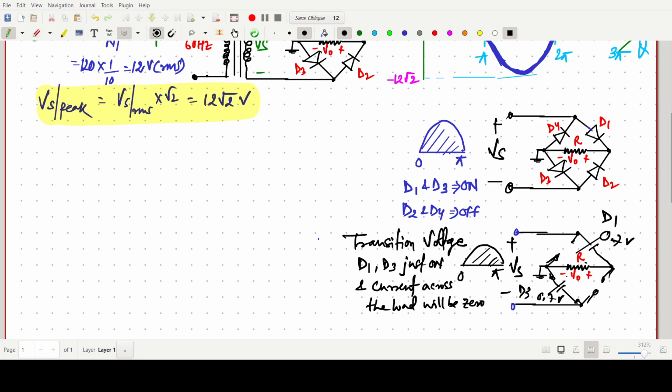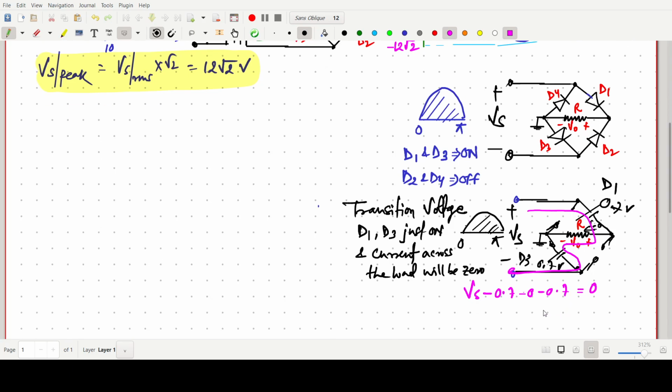If we apply KVL in this loop, we can write Vs minus 0.7 minus 0.7 equals 0, because I is 0 and R is 0. So Vs minus 1.4 equals 0, so Vs equals 1.4 volt.